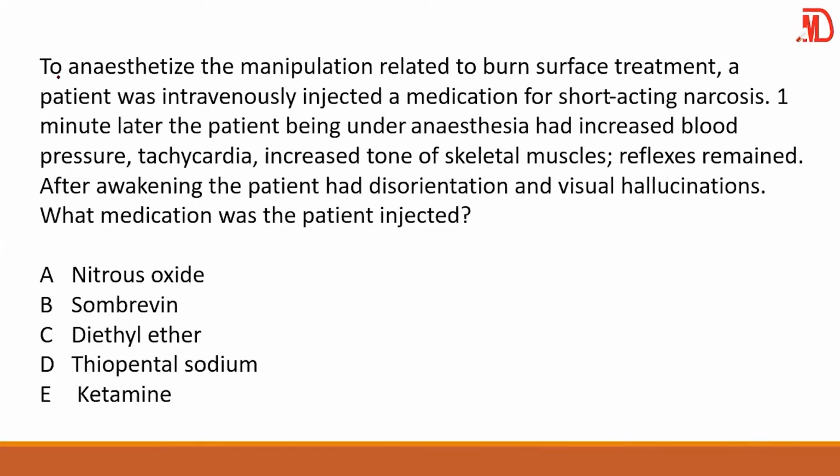We have to anesthetize for a manipulation related to burn surface treatment. The patient was given an intravenous injection of a short-acting narcosis. Within 1 minute, the patient under anesthesia had an increase in blood pressure, tachycardia, and increased muscle tone. Reflexes remained.